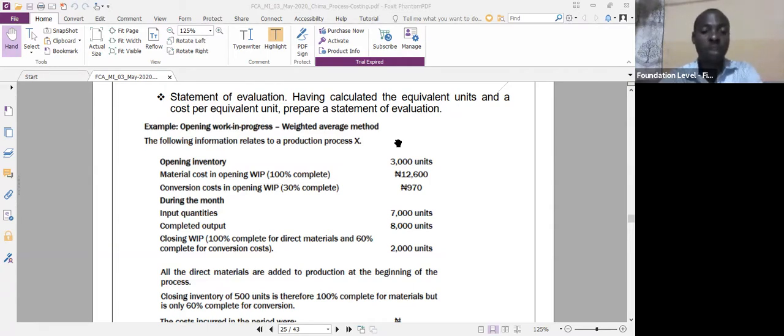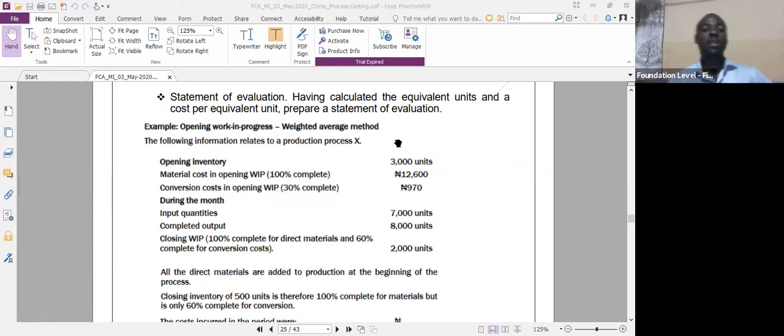Now, what we just did was last month's closing inventory, which becomes opening inventory for this month. Now, during the month, we put some input quantities different from what we have as opening inventory. We put 7,000 units into the system and completed outputs during the month.